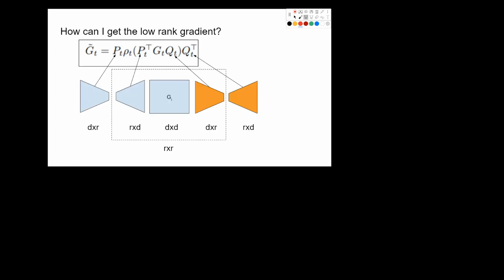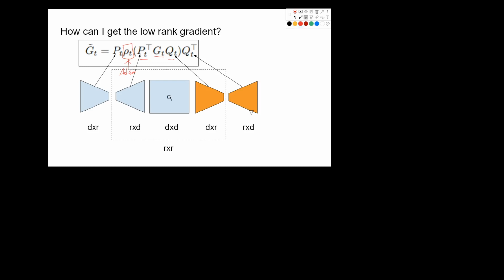Okay, so let's check what's going on in this formula. For the GT, we use the PT and the QT to project it into a lower space, and then we use the rho T here, which should be the Adam algorithm, to calculate the average value of the weight when we consider the history of the gradient, and we normalize the learning rate by using the square of the gradient.